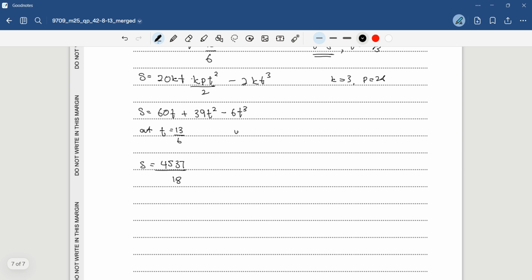And when t is equivalent to 5, my s is equivalent to 525.